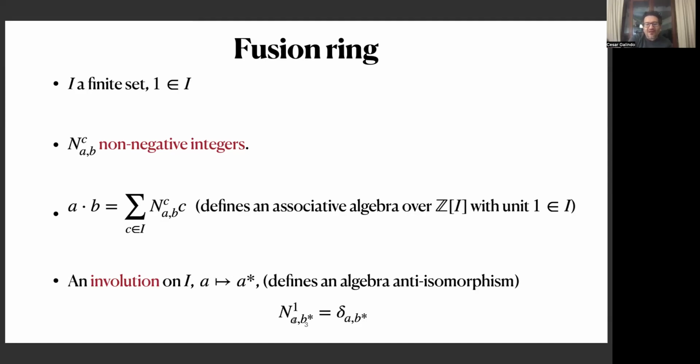The compatibility is that this number has to be in general just 0 if B is different from A dual, and 1 in the other case. That's the additional information, and we can prove that if an involution of this kind exists, in fact it is unique, and it has a lot of additional consequences on the fusion rings.